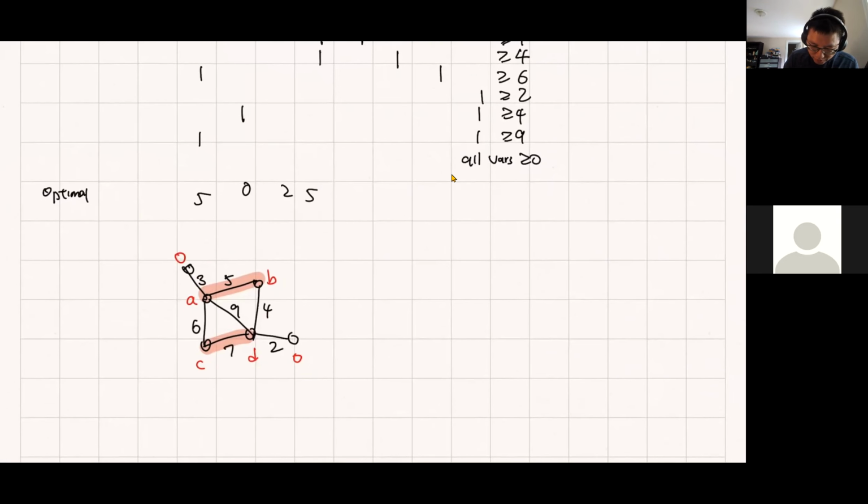Let's see if it actually works. All right, so 5, 0, 2, 5. Okay, let's check if this works. I really hope it works. So the outside option here is 1. Well, actually, technically it's 0. Well, I guess it's 0. No, it is 1.